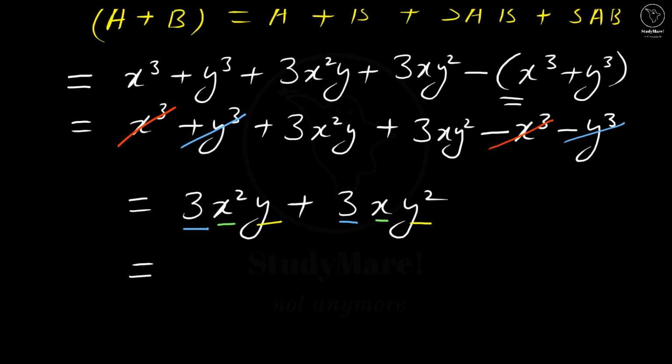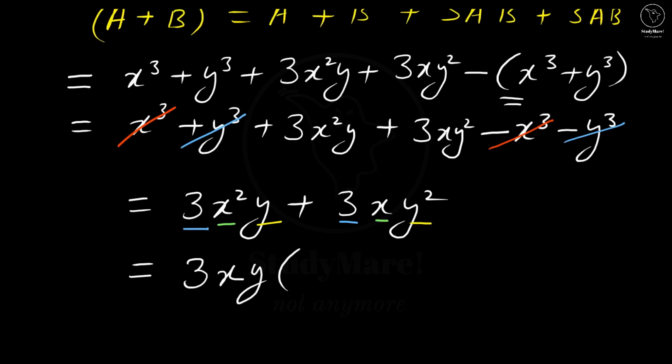That means we can take 3 as common, since 3 is present in both. Then in x we have x square and x. Lower power is where we have simply x, so we can take x. Same way with y and y square, so we can take y as common.